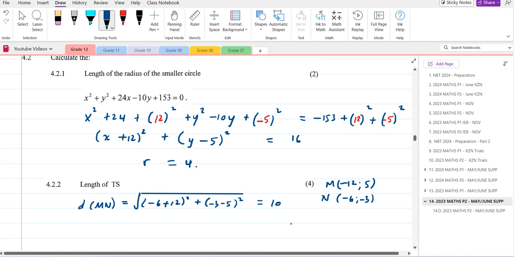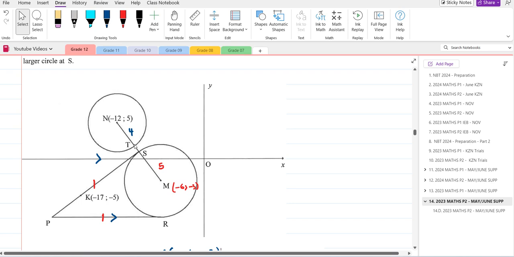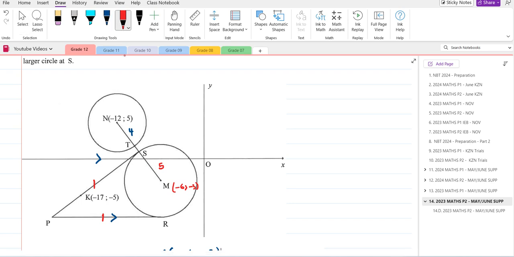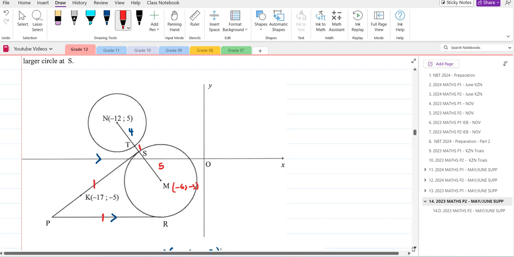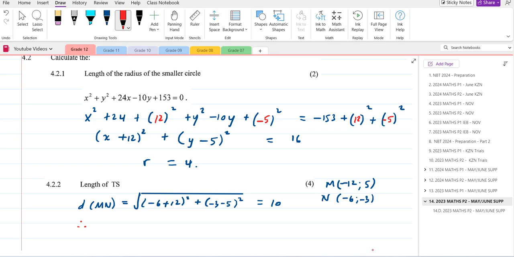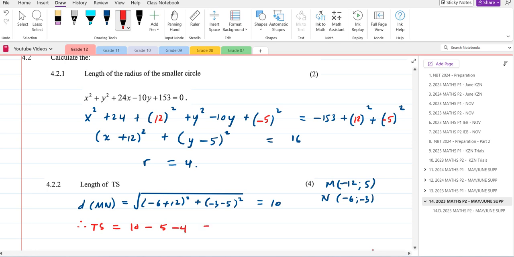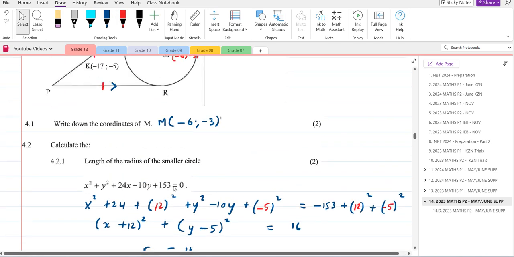You should get 10. So remember, the entire distance is 10, so TS will now become 1, because that is 4 and that's 5. Therefore TS is now equal to 10 minus 5 minus 4, which is equal to 1. TS is equal to 1 unit.